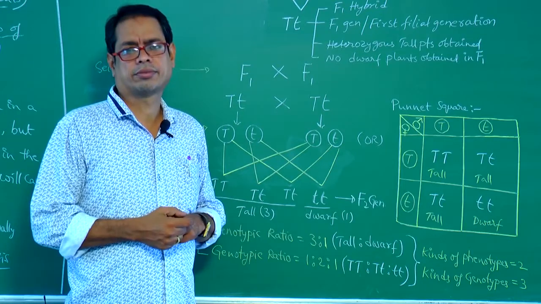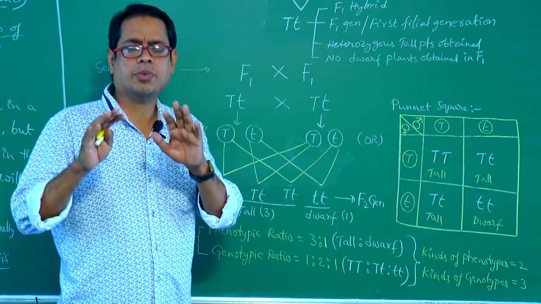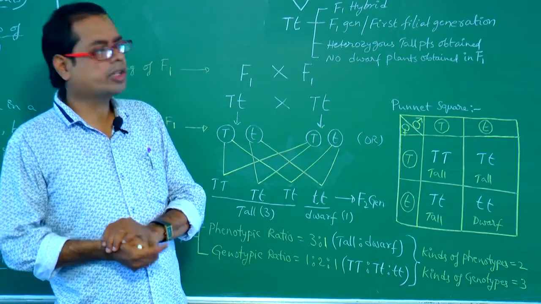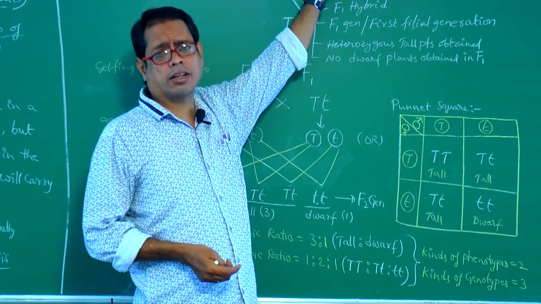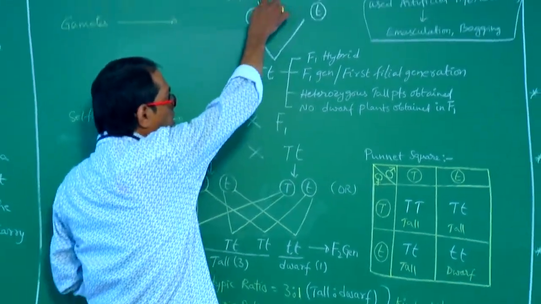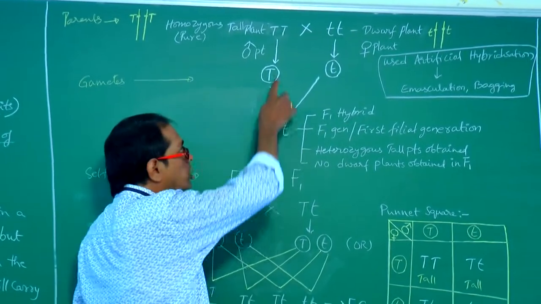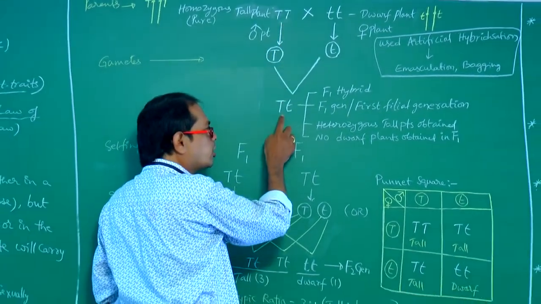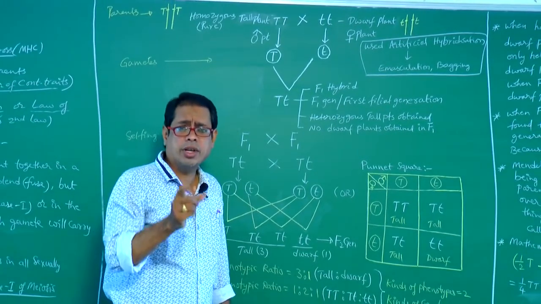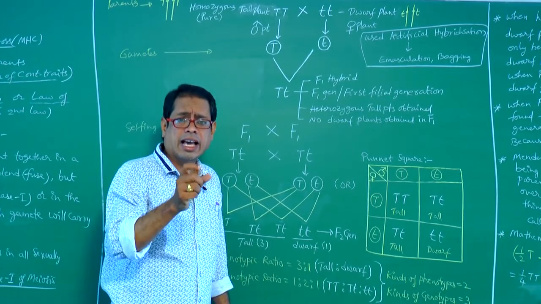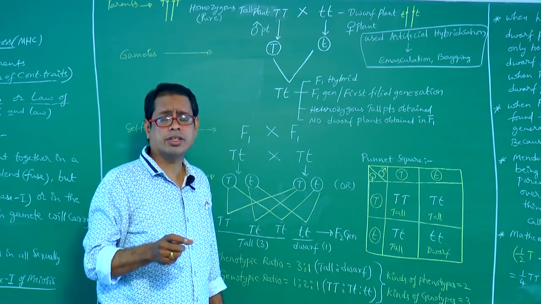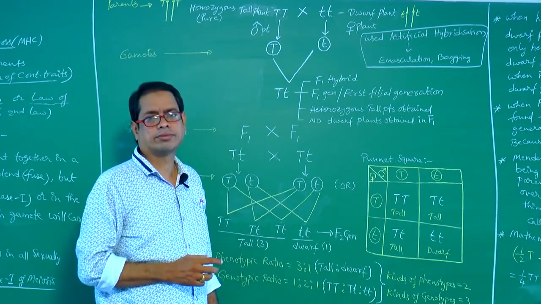The character that is present only in homozygous state is the recessive character, dwarf. This is homozygous tall, this is heterozygous tall. Those points you have to understand. The character expressed in both homozygous and heterozygous condition means dominant character.